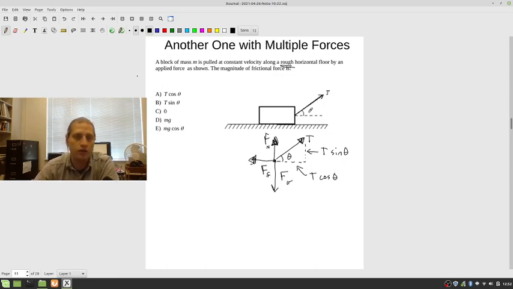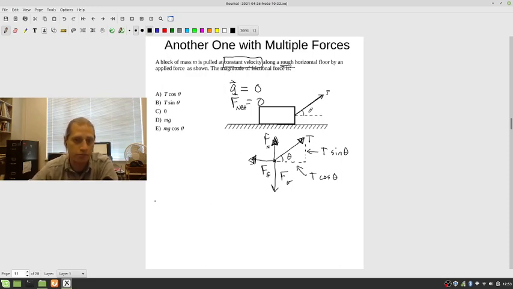Now, what am I going to do to help myself? Take a look at this. It says a block of mass m is pulled at constant velocity. What does constant velocity mean? It means a equals 0, so F net equals 0. And that's going to apply in every direction.